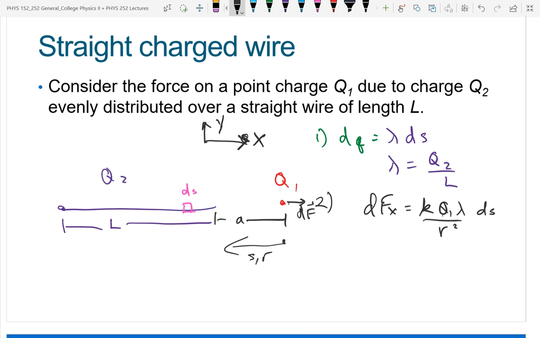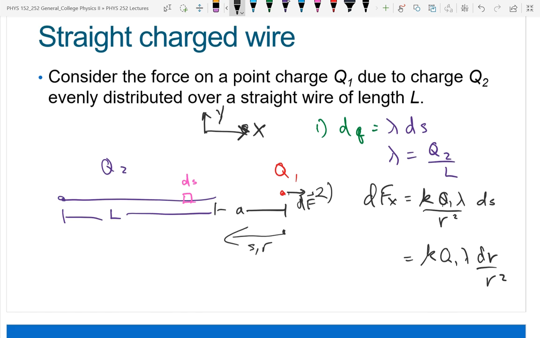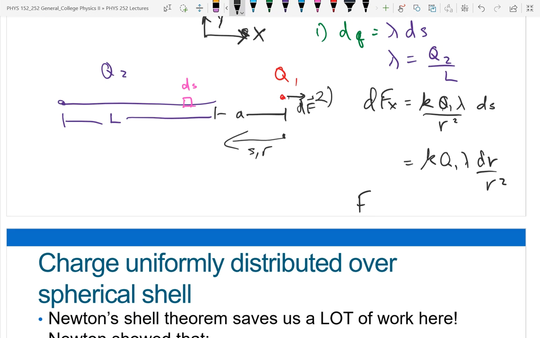Let's move on. So I am just going to make ds dr, so it just equals k q1 lambda dr over r squared. So Fx is equal to the integral, well, let's put the constant first. What is the closest distance?